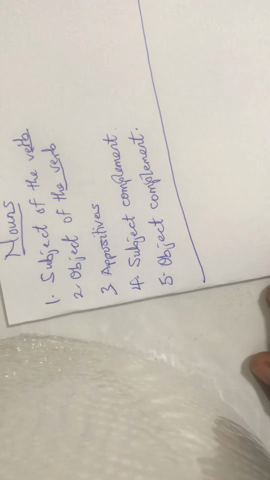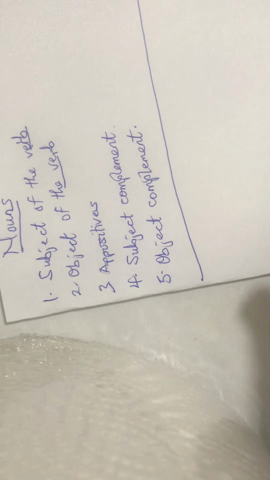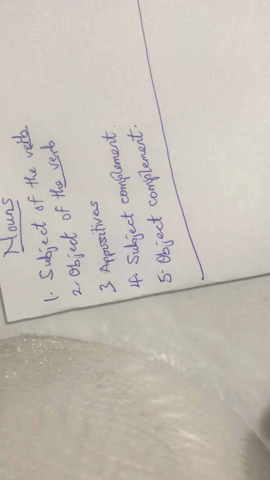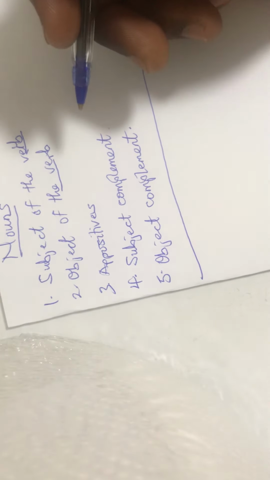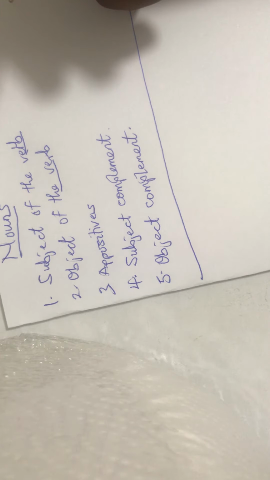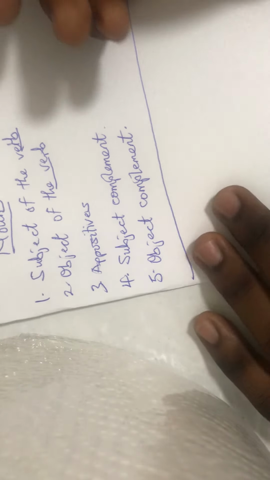It might not always be, because if you have a to be verb, it's not an action verb. So let's say it's what the verb seeks to draw a relation to. But let's go with what we know: the subject is the performer of the action.